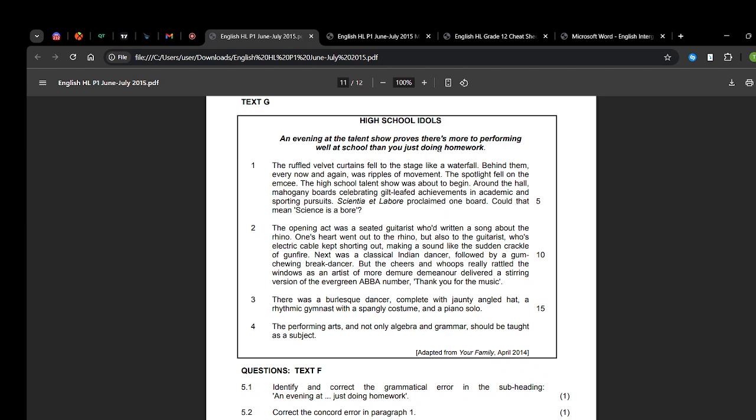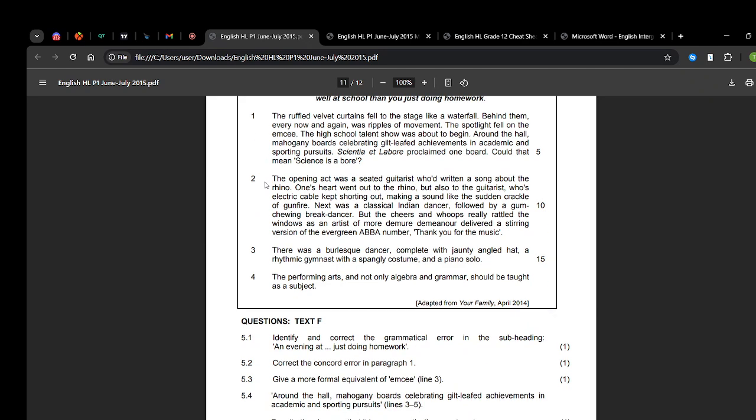Personally, I don't think they will because it's just 1 mark. Why should they give you a half mark? But if it's a 2 mark question, they will, because then they want you to see that you must identify. Does that answer your question? Yes, it does, thank you. Okay, cool.